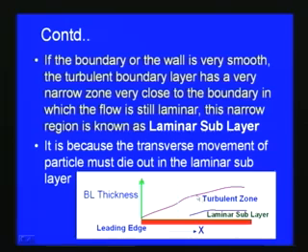For this turbulent boundary layer, as we can see here, after the transition the boundary layer thickness is increasing. The turbulent boundary layer thickness increases in the downstream direction from the leading edge of the plate, as we have already seen in the previous figure. So from the leading edge the boundary layer thickness keeps on increasing.